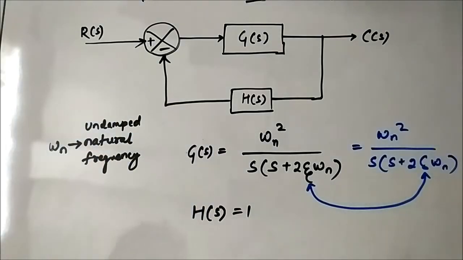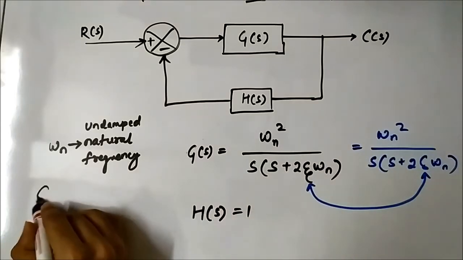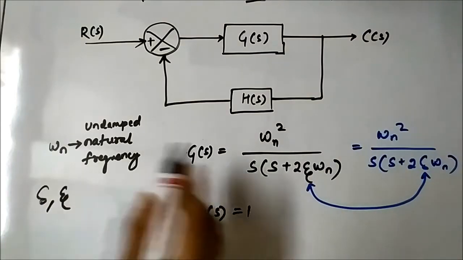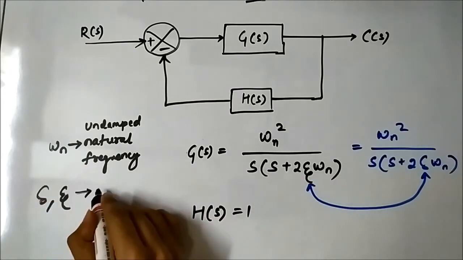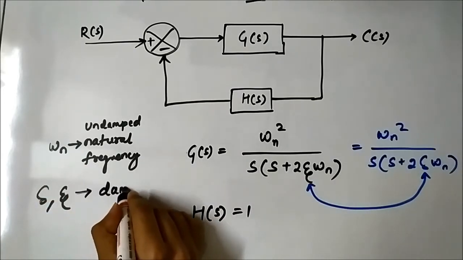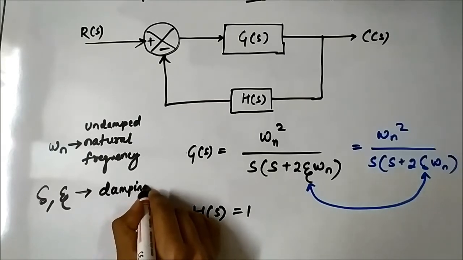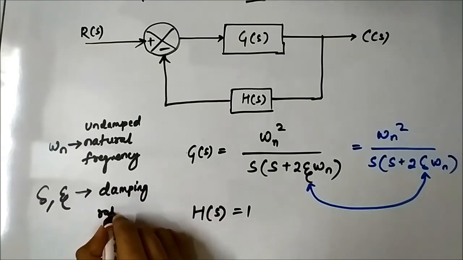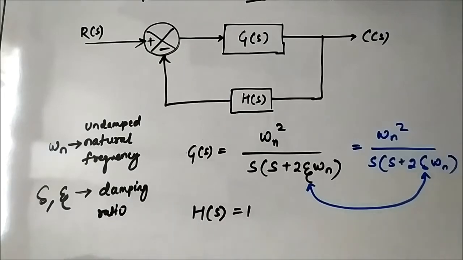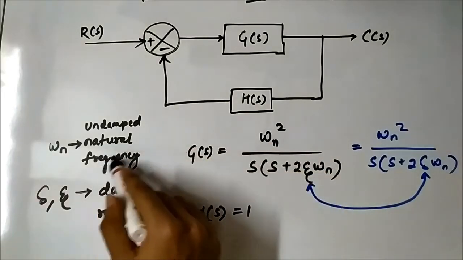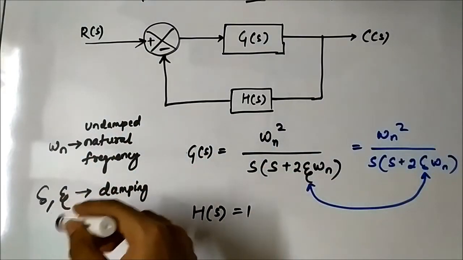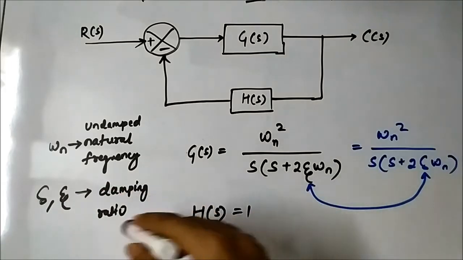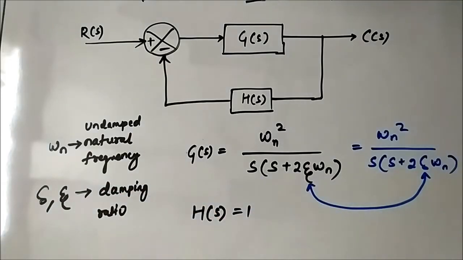This delta or zeta, whatever you may find, is called the damping ratio of the system. So omega n is the natural frequency or the undamped natural frequency of the system, and this delta or zeta is called the damping ratio of the system.